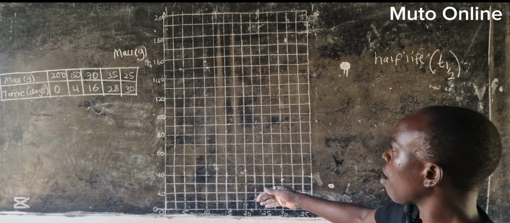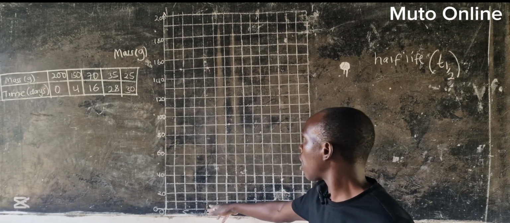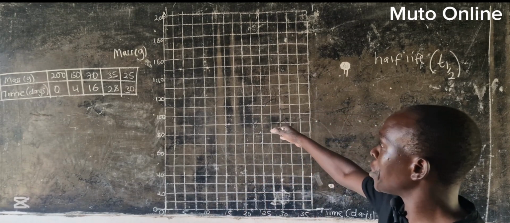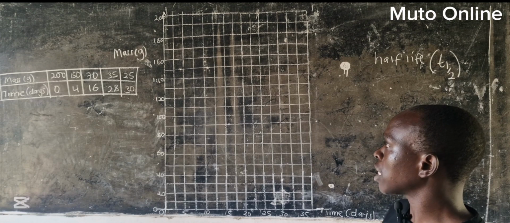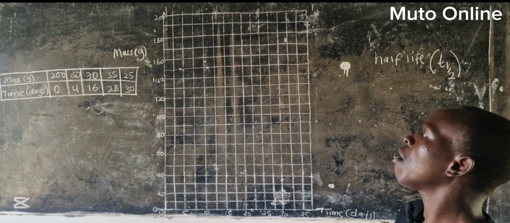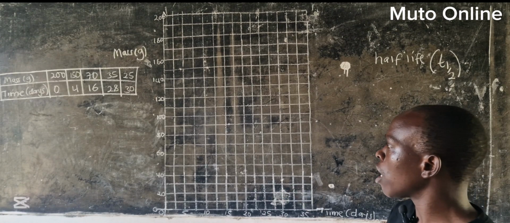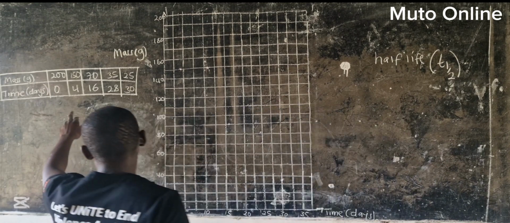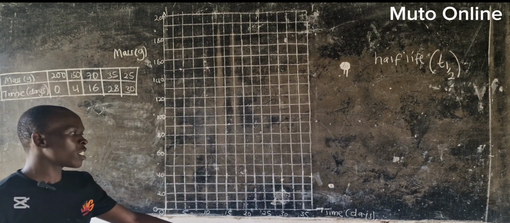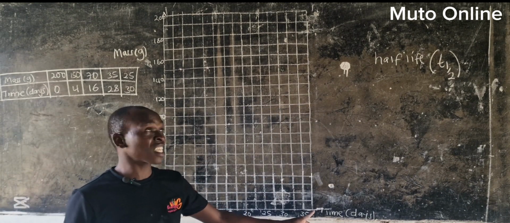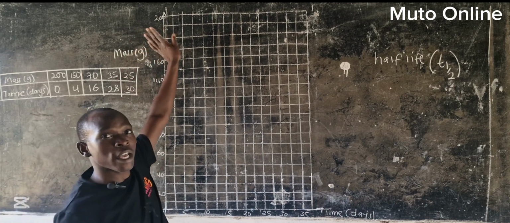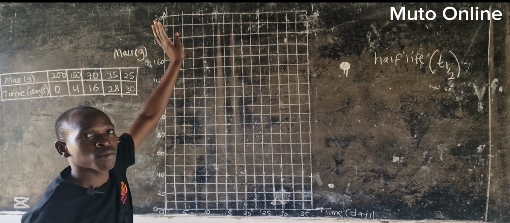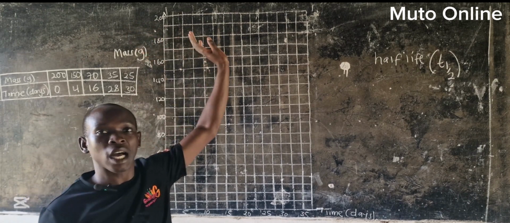For me, I'm just going to use my square board here, and I plot such that I can try to get the half-life of that rare mineral. So when time is 0 on this time axis or x-axis, and this axis here, you can call it the y-axis, which in this case is the mass axis.